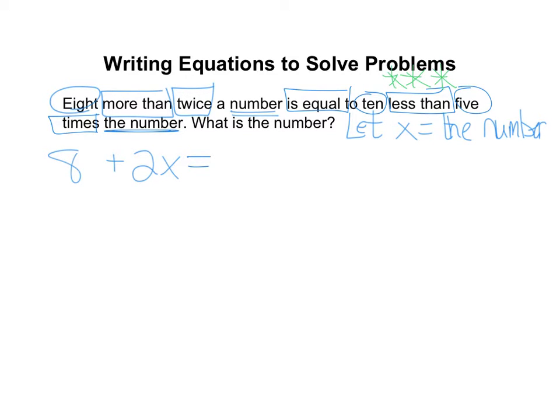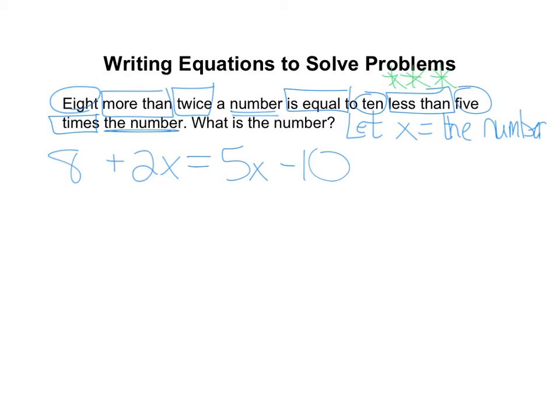It's subtraction, but it's a turnaround phrase. So we need to take 5 times the number. We need to do the part at the back of the less than. 5 times the number, that would be 5x, and we need to subtract 10. Very, very important. When you see less than, you need to reverse what you see. So this is 10 less than 5 times the number. We start with 5 times the number, we subtract 10.